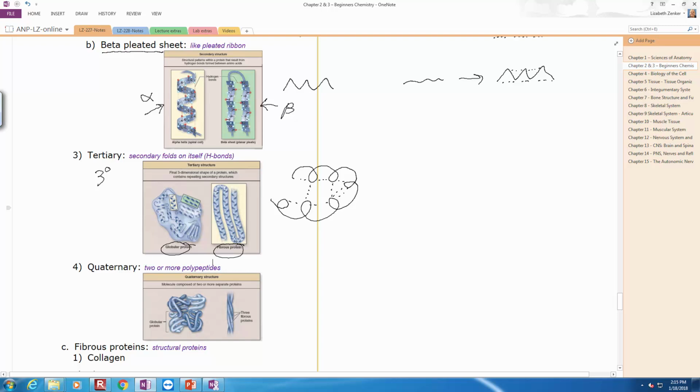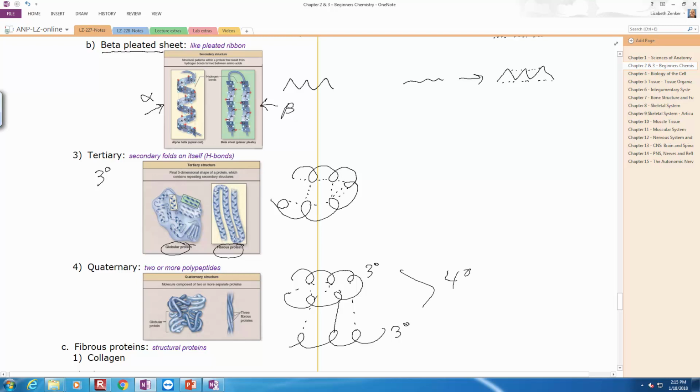And typically it's not just hydrogen bonds, but you'll also have covalent bonds for sure. So this might be your alpha one here that had its hydrogen bonds going on in there, right? And then maybe you have another structure here that's now covalently and hydrogen bonding to another one. So you have a tertiary structure here and a tertiary structure here coming together to form a quaternary structure.